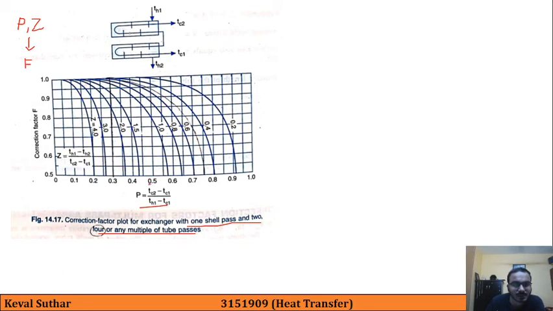Once we obtain these two values, then we can obtain the value of F. So for example, let's say that P is equal to 0.4. Just a very crude example we are taking here, and Z value, let's say 1.5. So the 0.4 line for P value is this.